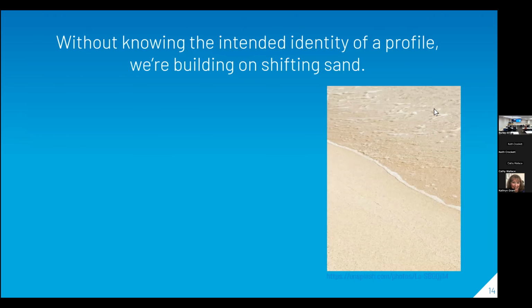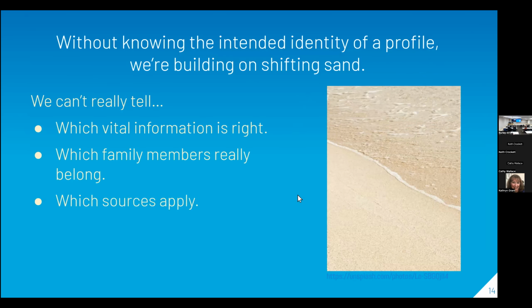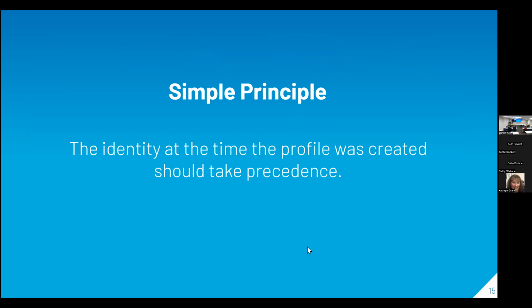So without knowing the intended identity of a family tree profile, we're really building on shifting sand, because we can't tell which vital information is right. We can't tell which family members really belong. We can't tell which sources apply. And if there are merges, we can't tell which are correct and which are incorrect.